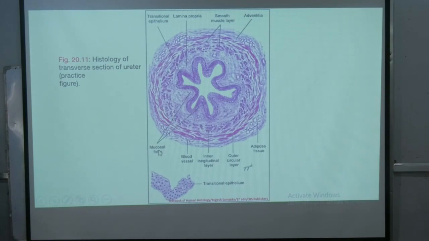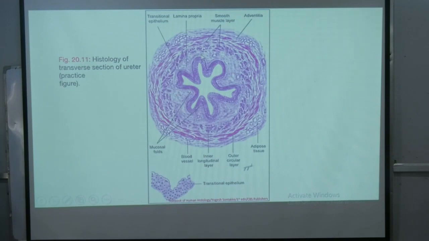Now take this schematic picture; this is how it looks. You see this circular structure; this is a tube you are looking at. This is the lumen, the innermost part, and it looks star-shaped because of the folding of the cellular layer. This cellular layer we call the urothelium, also known as transitional epithelium.